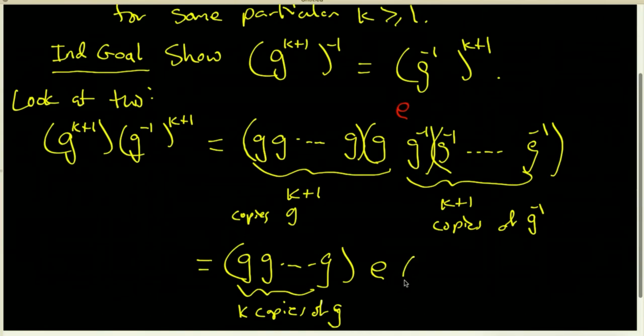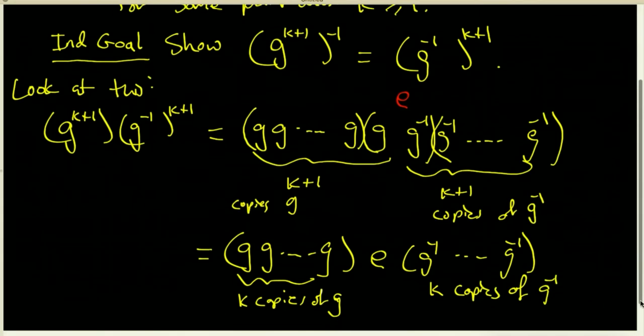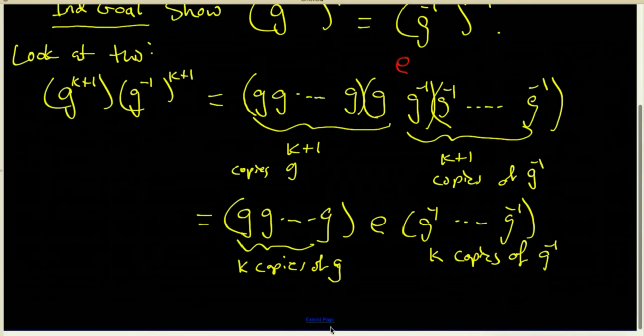And then we've got g inverse all the way up to g inverse, and there are k copies of g inverse there.